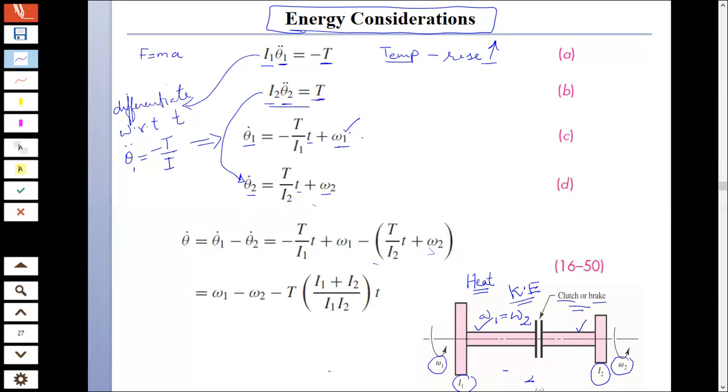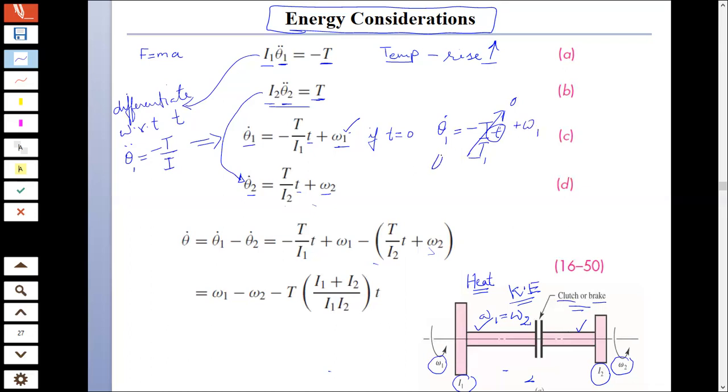Now, initially, if I put t equal to 0 in this equation, my theta 1 dot is going to be equal to minus T over I1 times t, which is going to be 0 because t is equal to 0, plus omega 1.